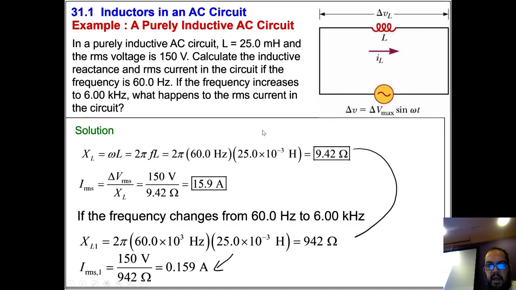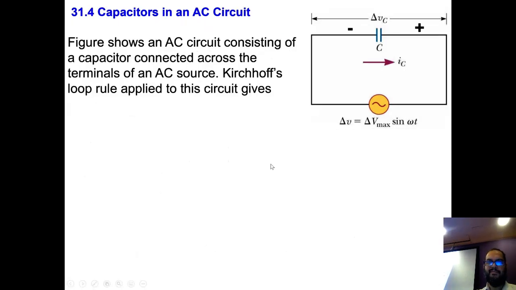So the XL is 2 pi times 6,000 times 25 10 to the minus 3. Okay, good. You're awake.